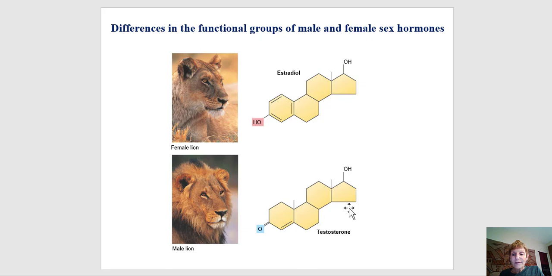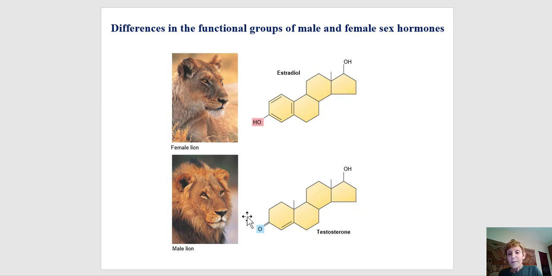But one of the roles of testosterone, besides giving males secondary characteristics and allowing sperm production and all that stuff, is also to build muscle. And so testosterone is critical in building the bigger muscles that males have compared to females of the same size.